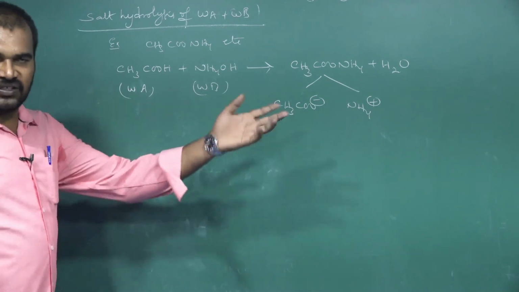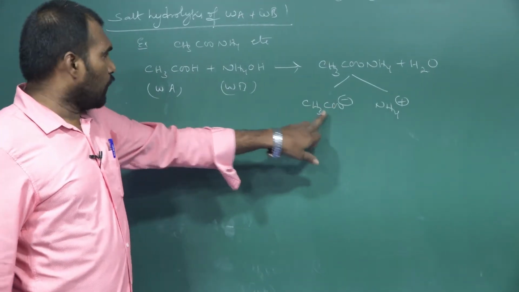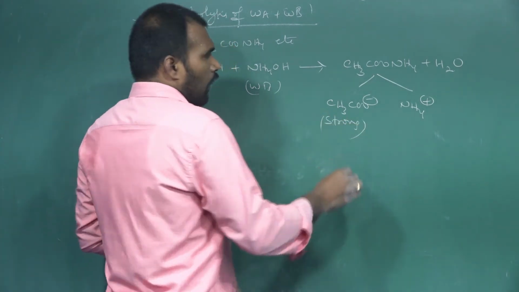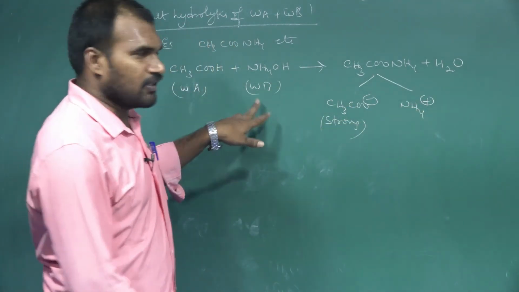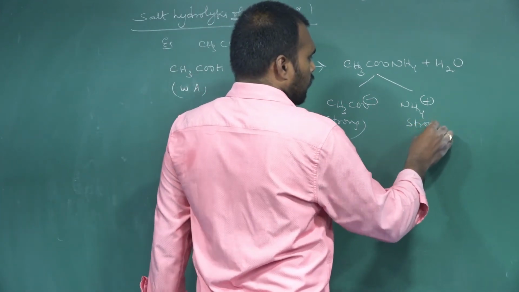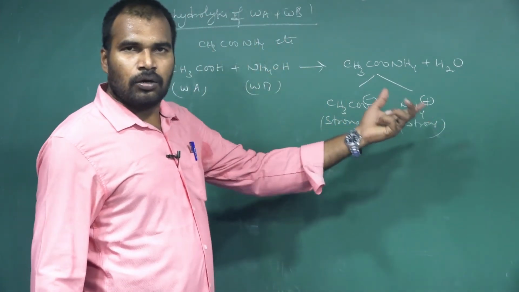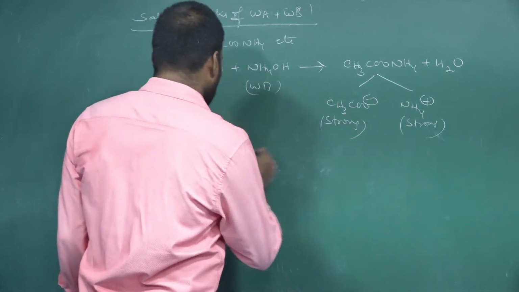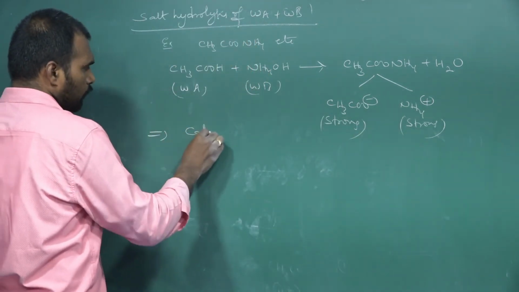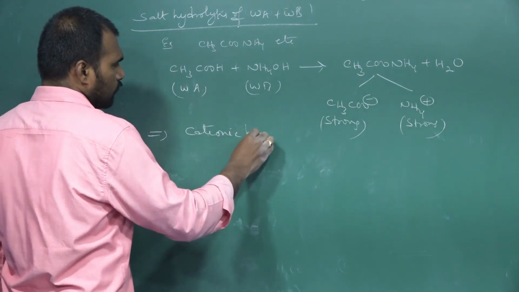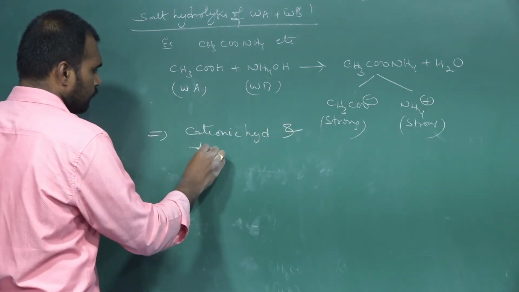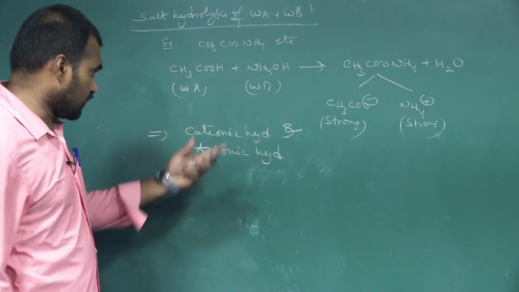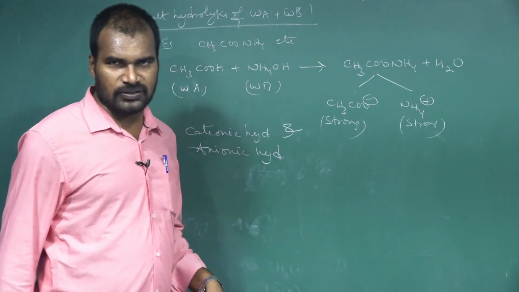If you see the nature of these ions, this is an anion coming from a weak acid, so it should be strong, and it is a cation coming from a weak base, so it should be strong. Here both cation and anion are stronger, so they both undergo hydrolysis. So here both cationic hydrolysis and anionic hydrolysis take place.